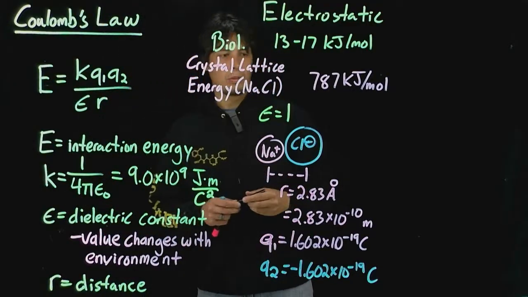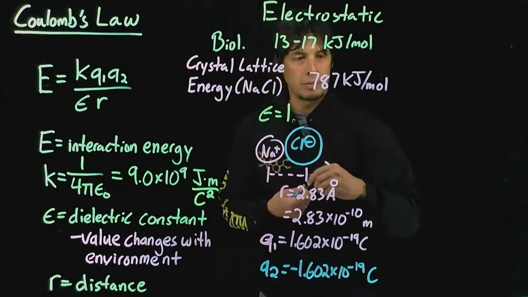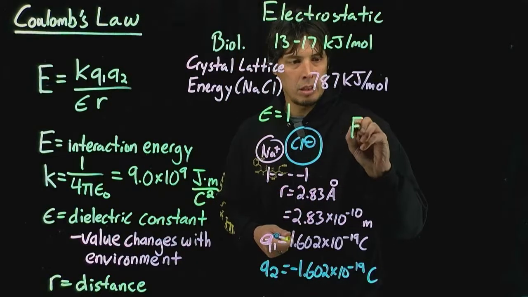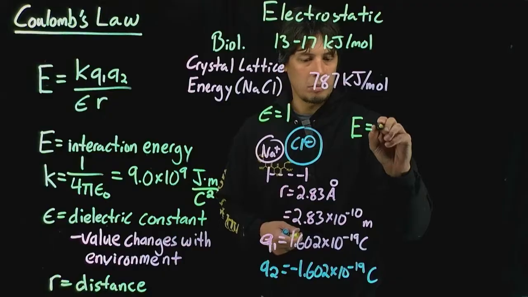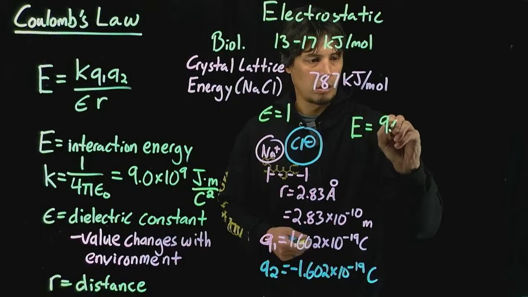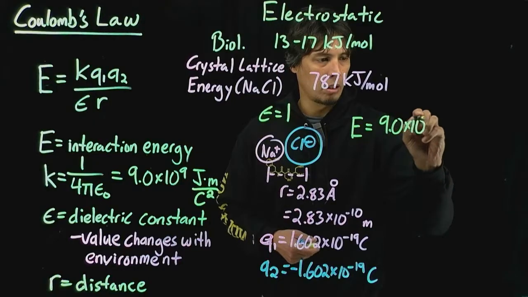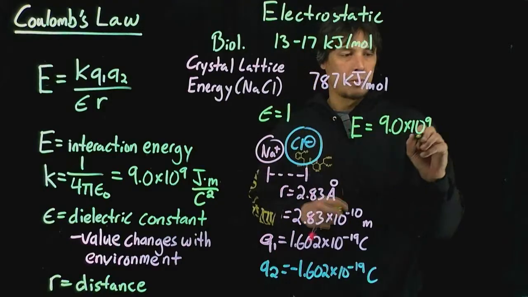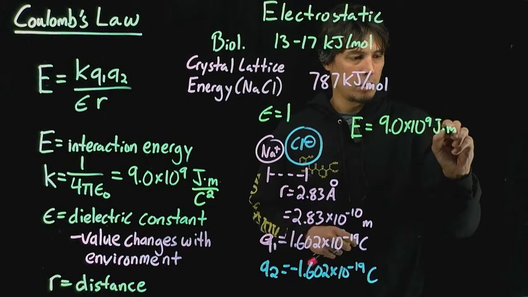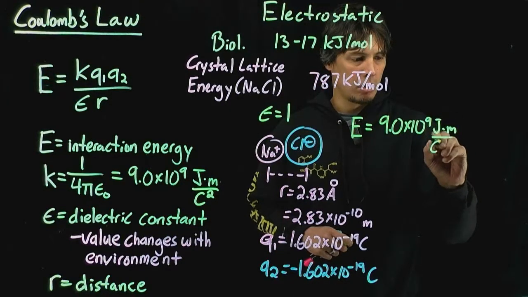So if we multiply this all out, you're going to get energy equals 9.0 times 10 to the 9th joules meters over coulomb squared.